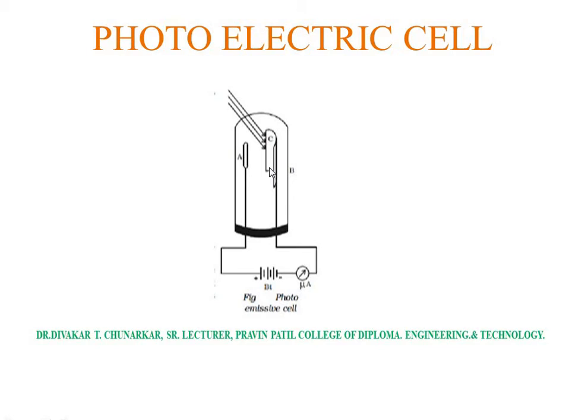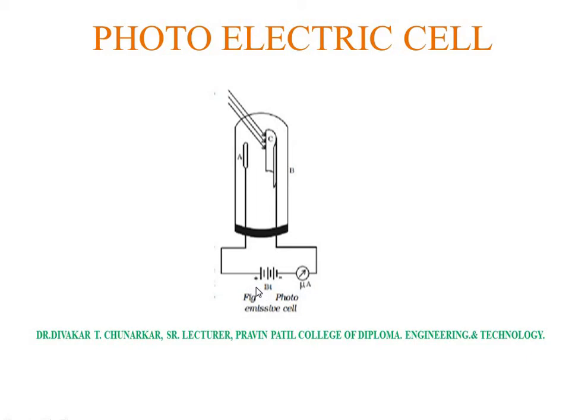The photoelectric cell consists of cathode C and anode A. The semi-cylindrical cathode is coated with photosensitive material on the inner side. The anode is a rod of platinum kept along the axis of the cathode.